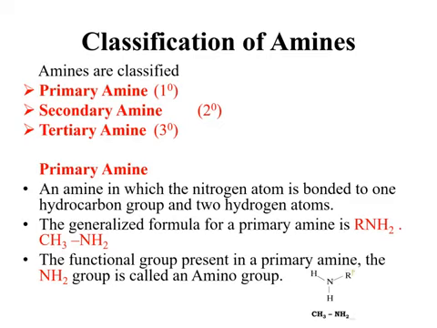The functional group present in a primary amine is the NH2 group, known as the amino group. At the bottom of this slide you can see the open structure of primary amines. You can see that there are two hydrogen atoms attached to nitrogen and one bond is with the alkyl group.